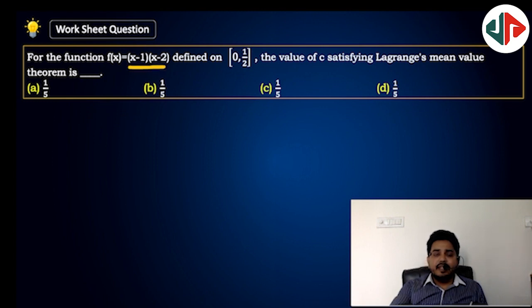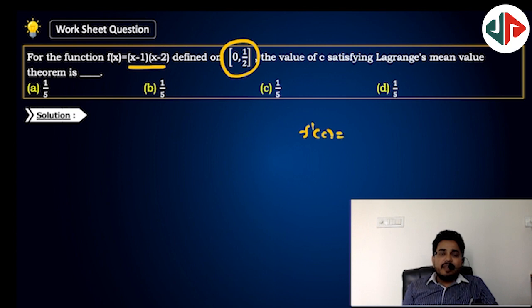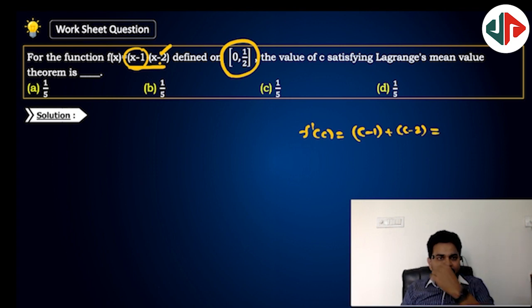f of x is (x minus 1) into (x minus 2), defined in the closed interval 0 to 1 by 2, for Lagrange's mean value theorem. So what is f dash of c? It will be (c minus 1) plus (c minus 2), when you differentiate, and this is equal to f of 1 by 2 minus f of 0, divided by 1 by 2. f of 1 by 2 will be equal to minus 1 by 2 into minus 3 by 2, so you get 3 by 4.